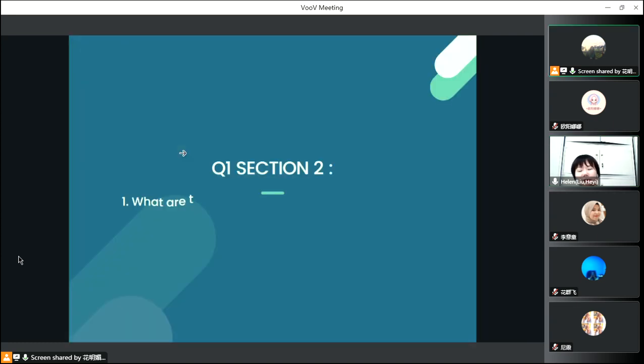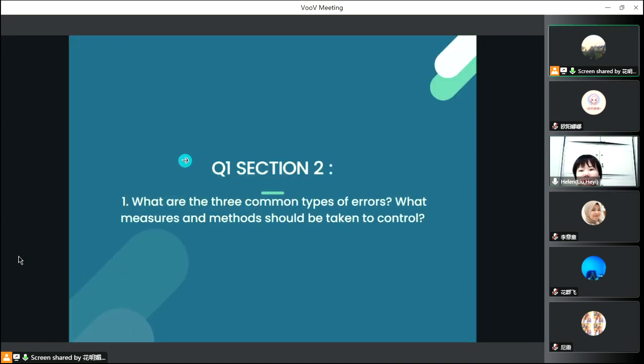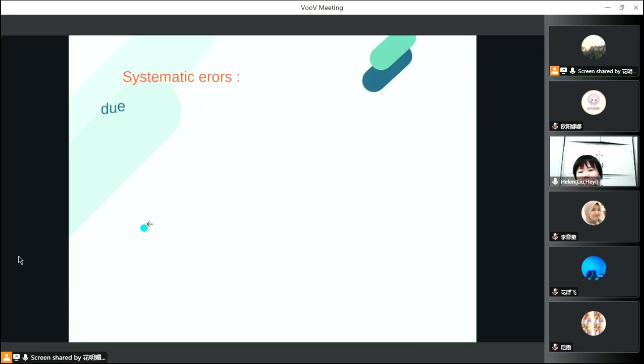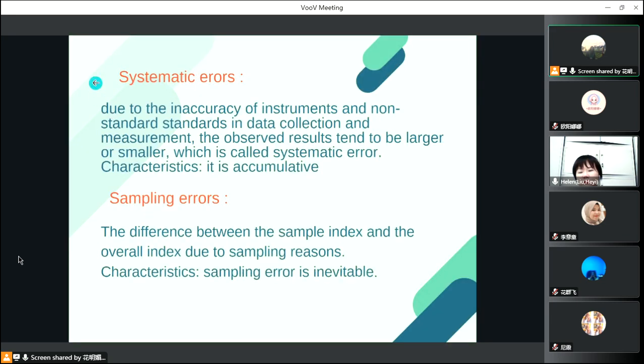So we move on to section 2. The first question of section 2 is, what are the 3 common types of errors and what measures and methods should be taken to control them? First of all is systematic errors.